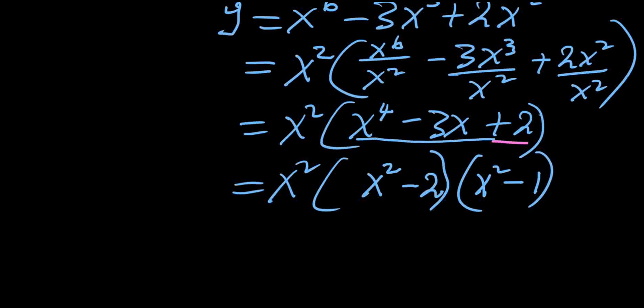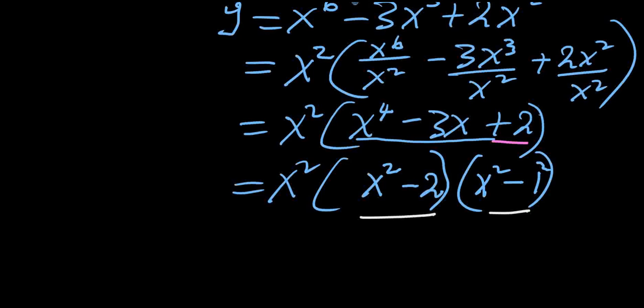Now you can also look at these factors that we already have and check if they can be factored any further. Okay, x squared minus 2 cannot be factored any further because 2 is not a squared number. But x squared minus 1 can be factored further because you can see this one as 1 squared.